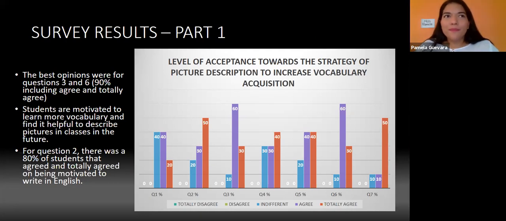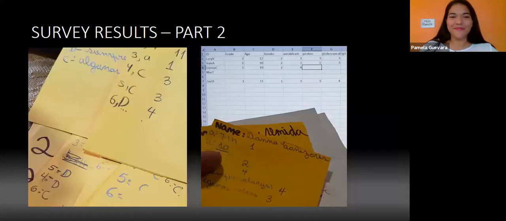And they felt motivated to write. They didn't know that they were going to learn how to write. I didn't tell them at the beginning of the study, and it was a great benefit and a surprise for both parties, for students and for me as a teacher.